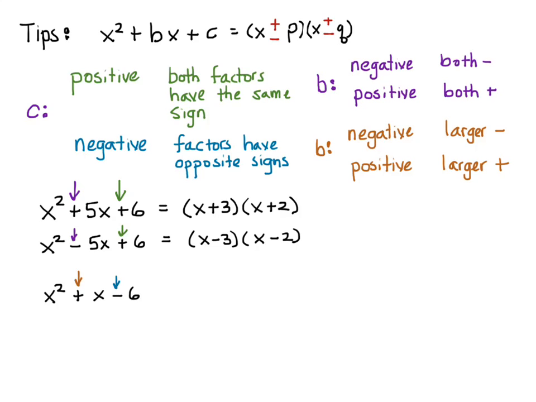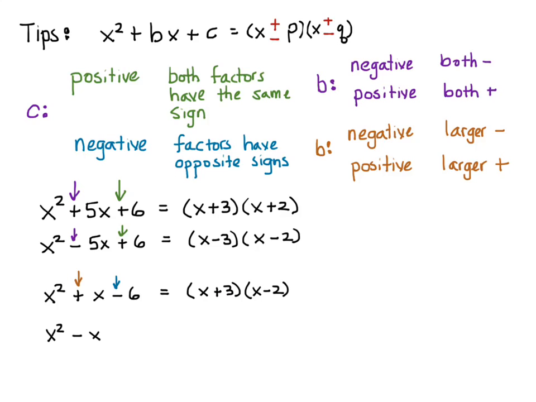Now here's a case where we have the last one's negative, so we know that they're going to have opposite signs. The b term is going to be positive, so we know that the larger one is going to be positive. So we know 3 and 2, the difference there is 1, and 3 times 2 is 6. So you know that the 3 is larger than the 2, so that gets the positive sign.